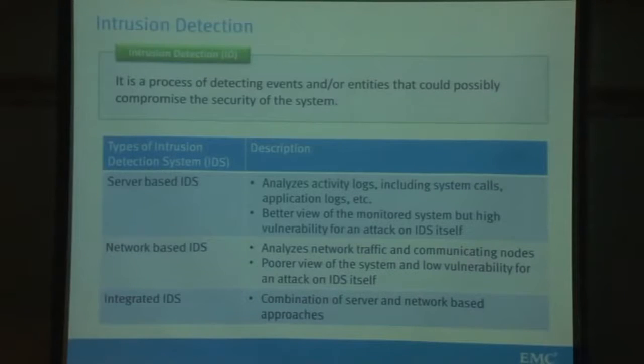And at server level they monitor the different operations, how the processes are accessing the system. They monitor the usage of the operating system at the server level and check if an intrusion has happened in your server, and also they prevent the attack.